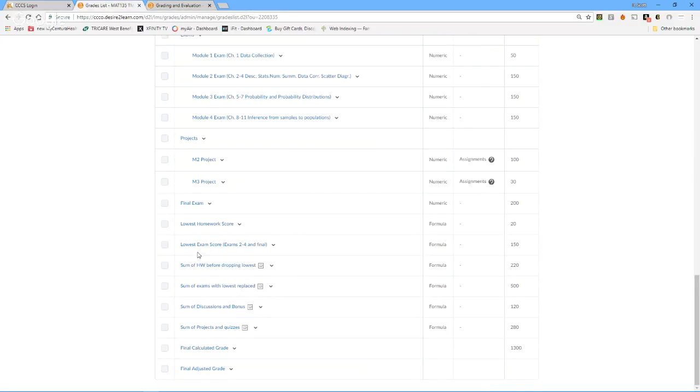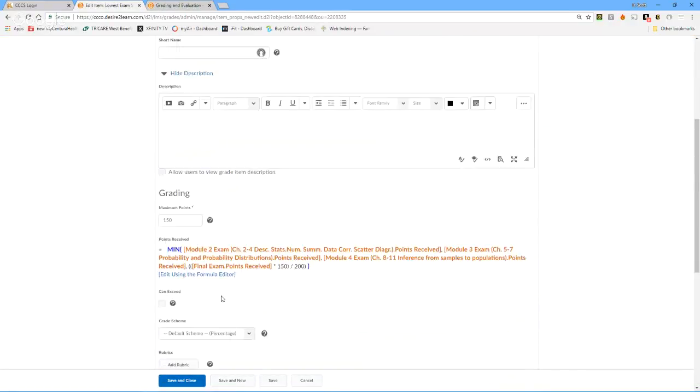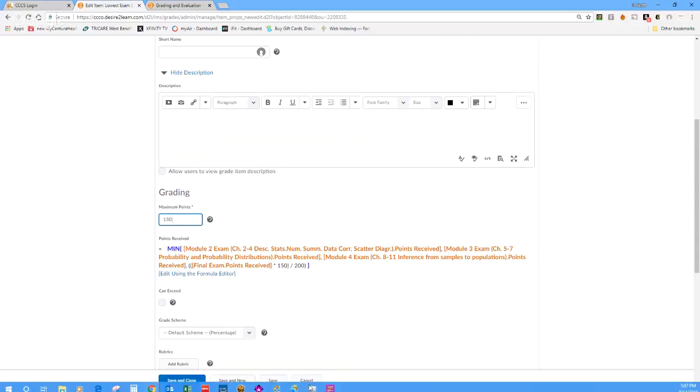To do that, I again went in and made a formula to find the lowest exam. So the lowest exam is going to be 150 points. I used the formula editor and found the minimum of module 2, 3, and 4, and the final exam, but I multiplied it by 150 and divided by 200, so it was on the same scale.